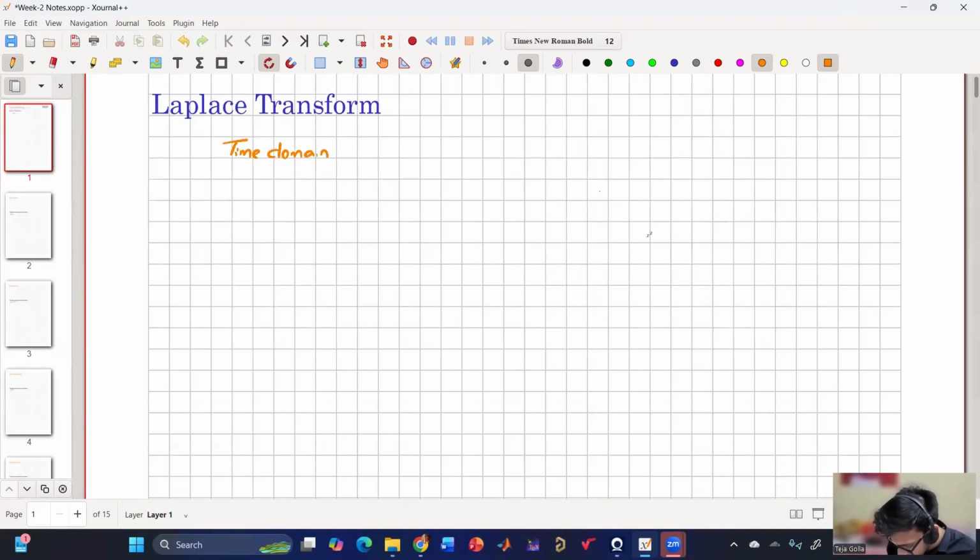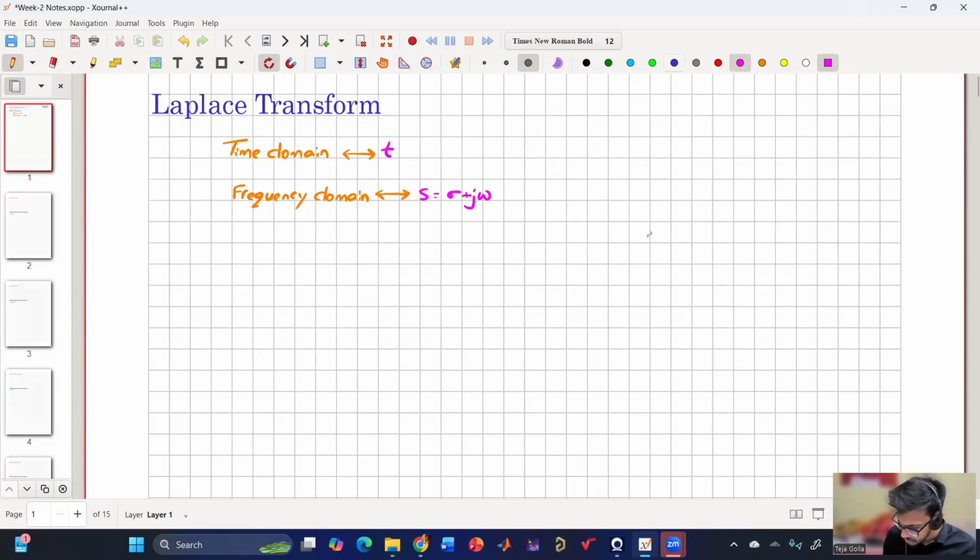Time domain, so anything that is written in time t, and then we also have frequency domain, which is S, which is equal to sigma plus j omega. It has a real part as well as the omega part.